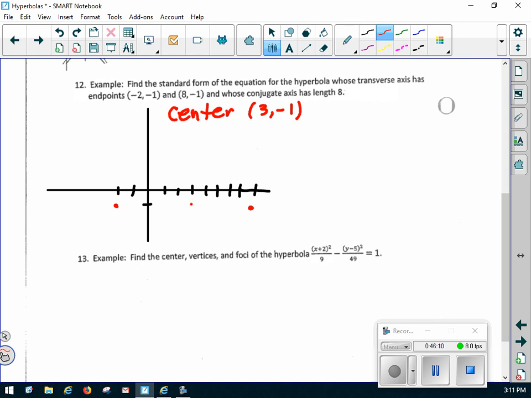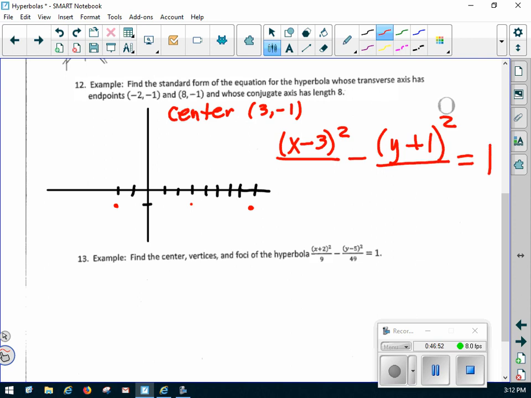Is this hyperbola going to open up and down or left and right? Left and right because your vertices are horizontal from each other. So do we lead with X or do we lead with Y? So it's going to be X minus, what's H? 3, over A squared minus Y minus -1 squared over B squared equals, we got part of it done.